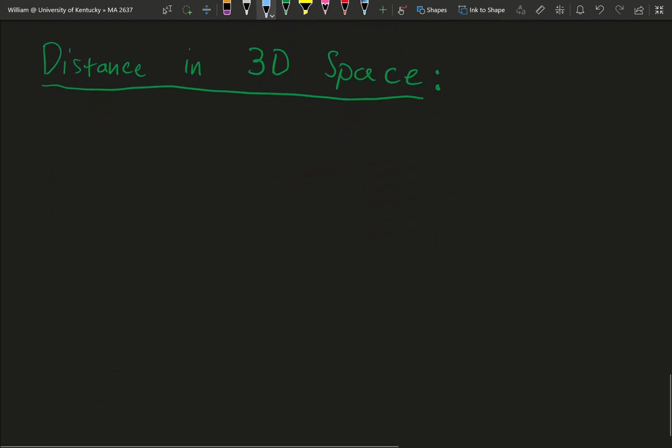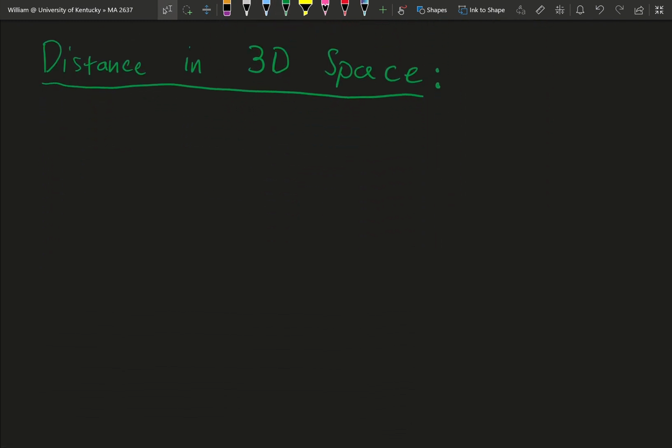So continuing, let's talk a little about how distance is going to work in 3D space. First, a real basic example that makes a lot of sense.